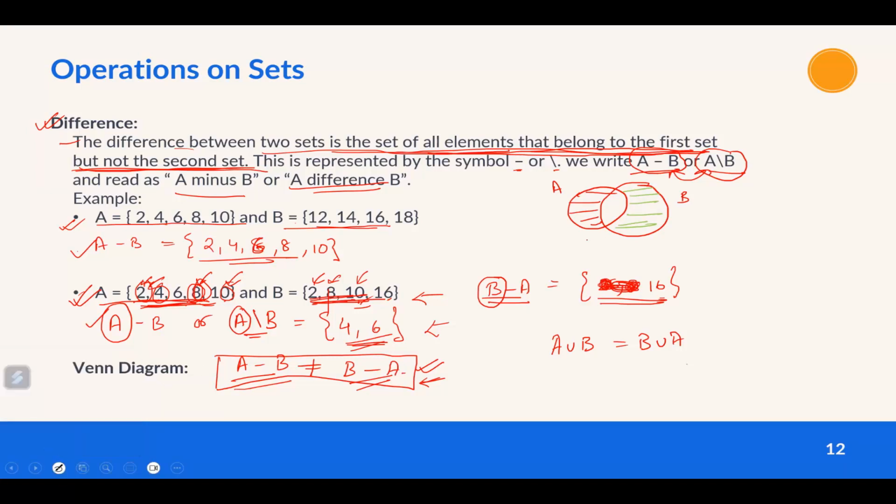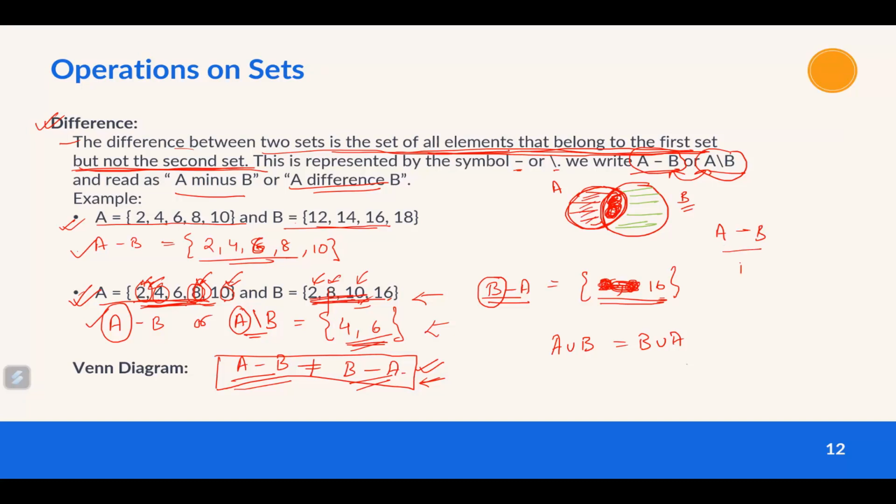So see, A is this set, and when you're doing A minus B, you're removing the elements of B. So these elements which are common to both are also elements in B. So you will remove the elements from A and you will get A minus B. So in this case, this will be the region which is A minus B.